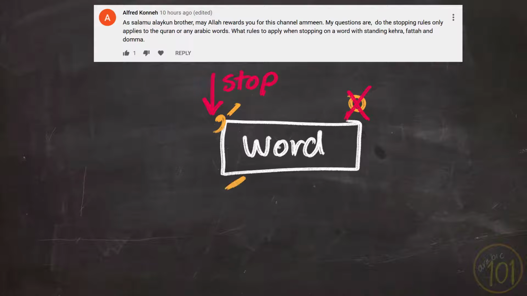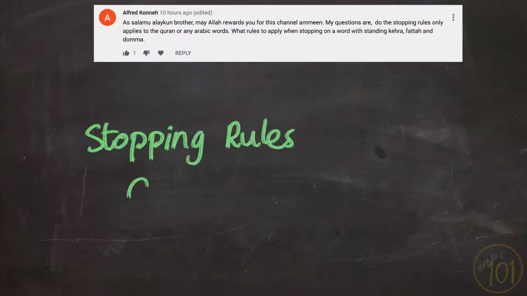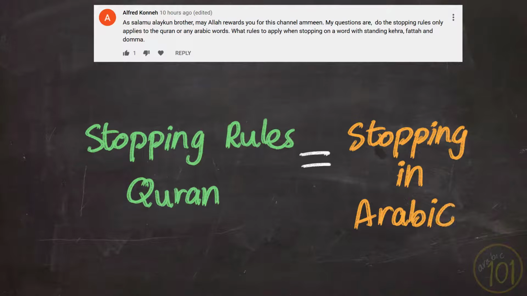And that's why when you stop at a word in an ayah, you will have to turn the vowel at the end of the word into sukoon. So you basically do not pronounce the vowel at the end of the word. So if you learn the rules of stopping for the Quran, you can just simply apply the same rules for any Arabic text.